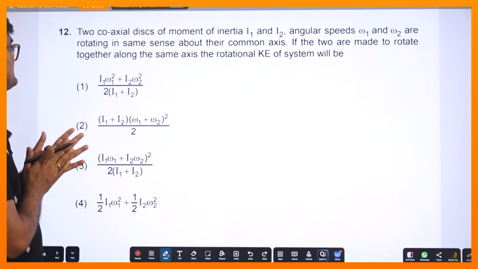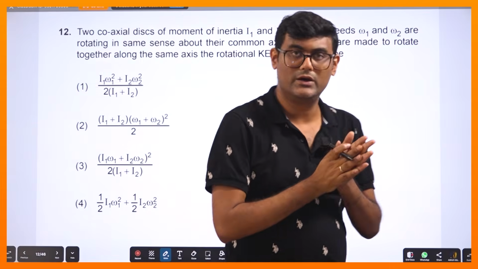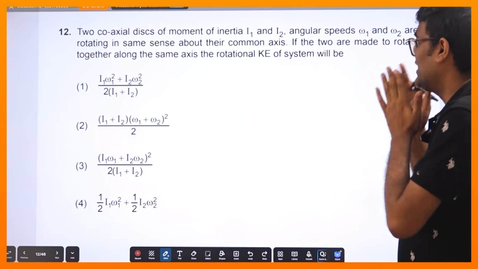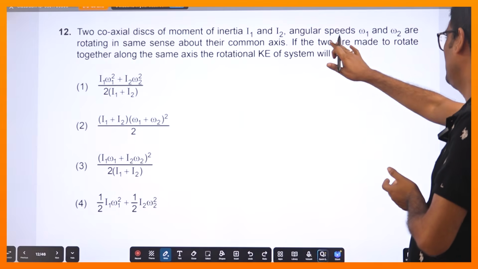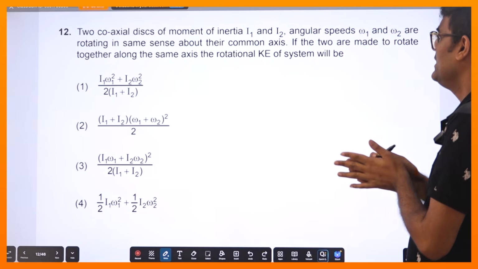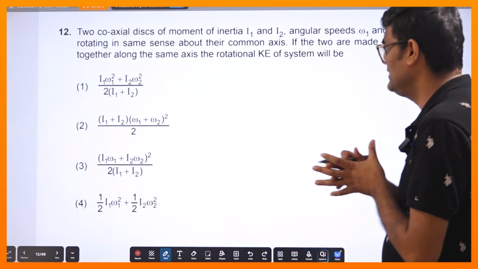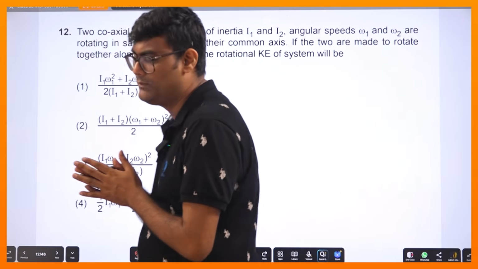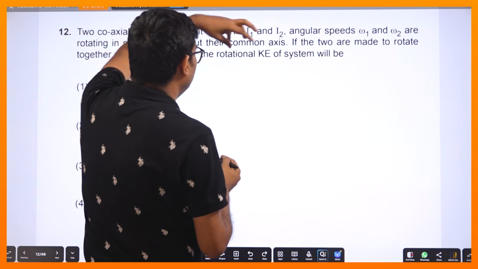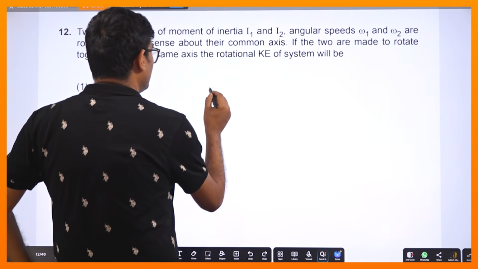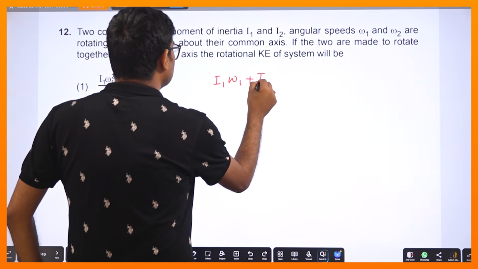Two coaxial disks of moment of inertia I1, I2 and angular speeds omega 1, omega 2 are rotating in the same sense about their axis. If the two are made to rotate together along the same axis, what is the rotational kinetic energy of the system? I think it is talking about the angular momentum conservation principle, assuming both were rotating in the same direction initially, so I1 omega 1 plus I2 omega 2.